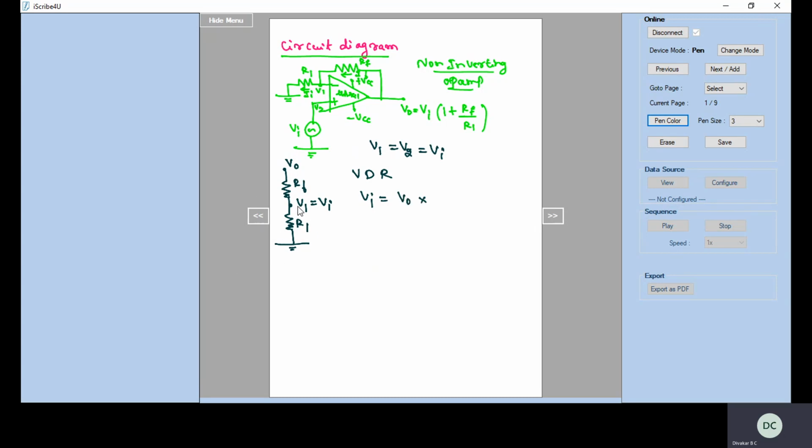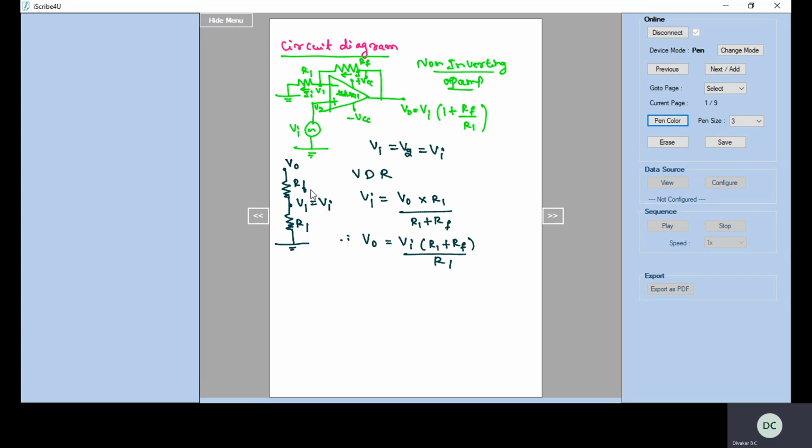The drop across that resistance is R1 divided by the sum of the resistances, that is R1 plus RF. So now you are going to find out the value of V0. Therefore, V0 is equal to Vi into (R1 plus RF) divided by R1.